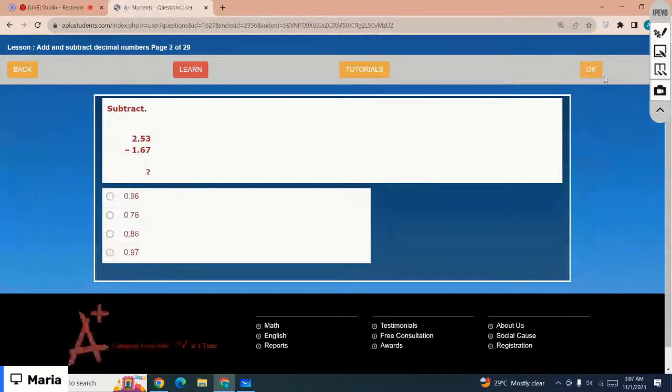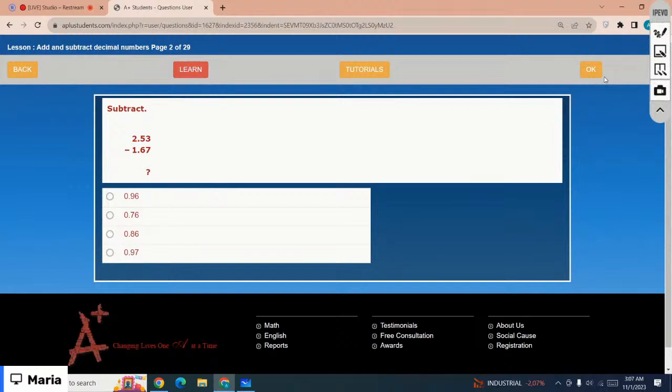Okay, which is the next one? The next one is subtract 2.53 take away 1.67. So, which is the correct option? You have to subtract 2.53 minus 1.67, right?